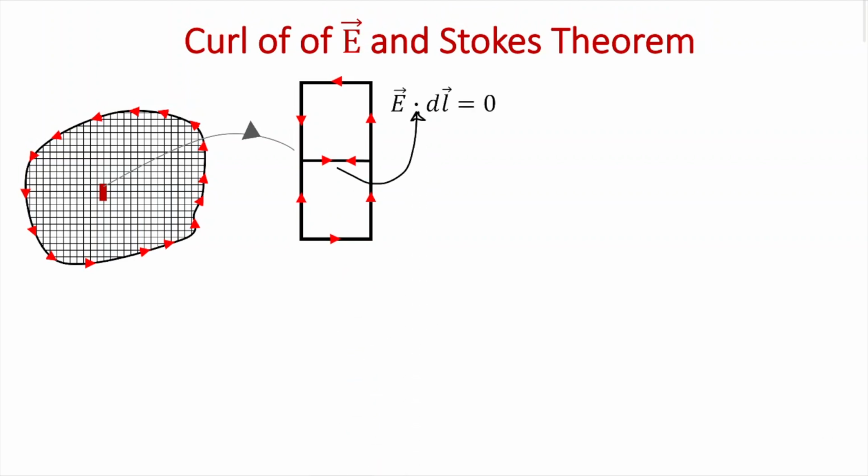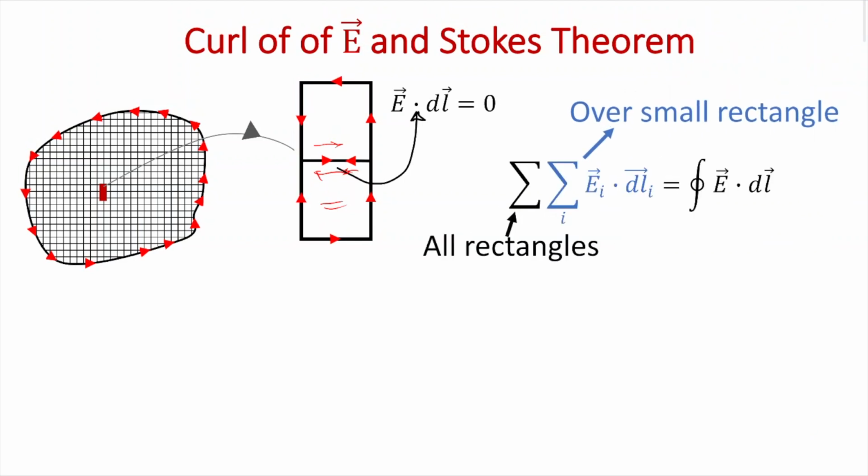What we see is that the connecting line, this one, will be cancelled out, because when you are considering this box you go this way, and when you are considering the other box you are going this way. So this line is calculated twice, equal to each other but in opposite directions, so its E dot dl is going to be 0. Essentially, in these two boxes, what we are getting is the E dot dl of the outer boundary.